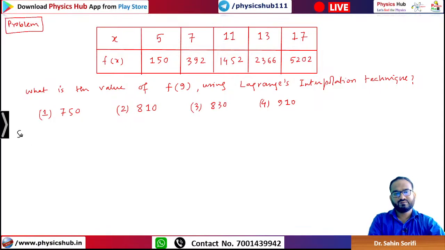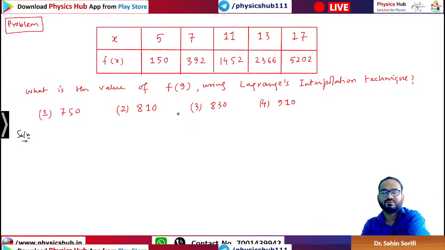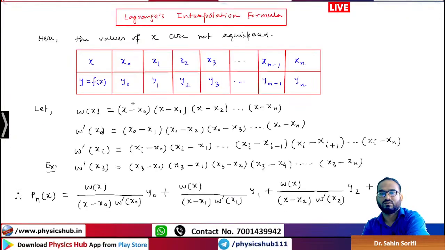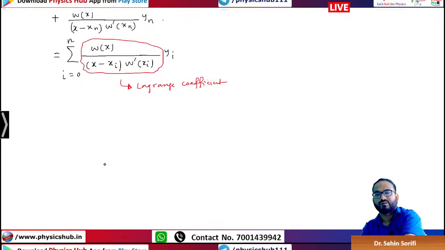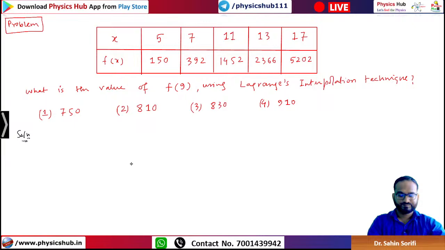So here in this case there is no such thing as a backward difference table or forward difference table. Here what you require are the values of x0, x1, x2 and all those things. Okay, so you need to find this w of x, then w prime of x, w prime of xi, all those things. Try to understand this very carefully.